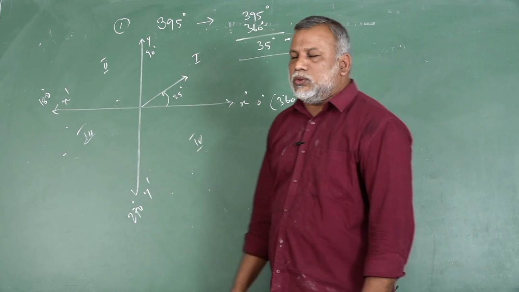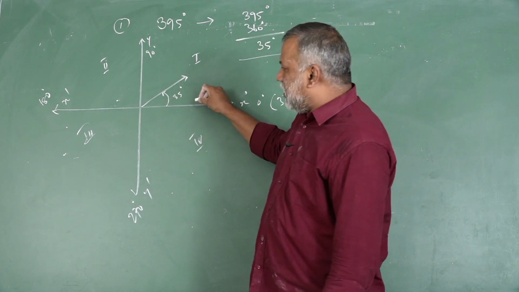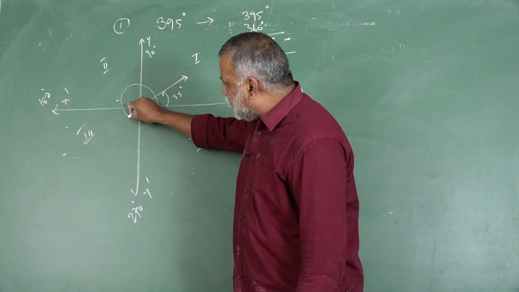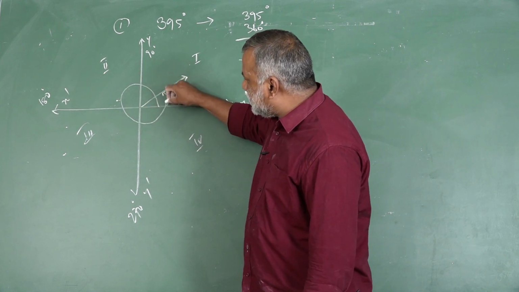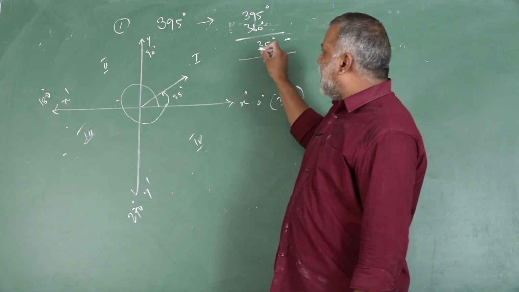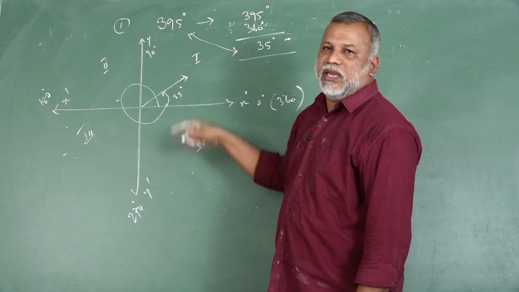How are we able to denote 395 from this same initial side? From this same initial side, it completes one rotation. After that, the remaining 35. Therefore, 395 and 35 have the same terminal side.